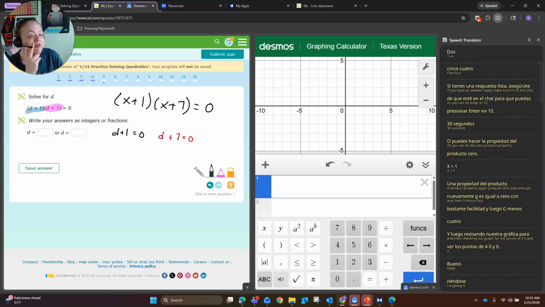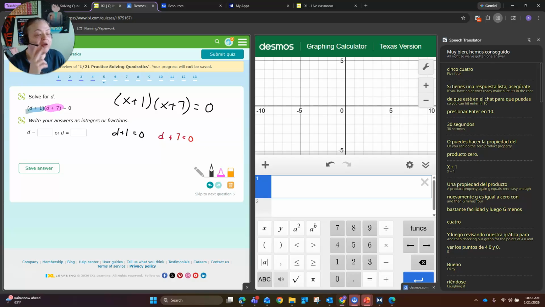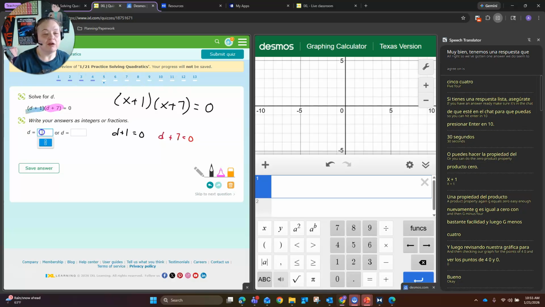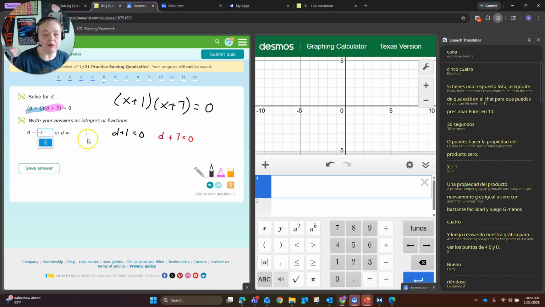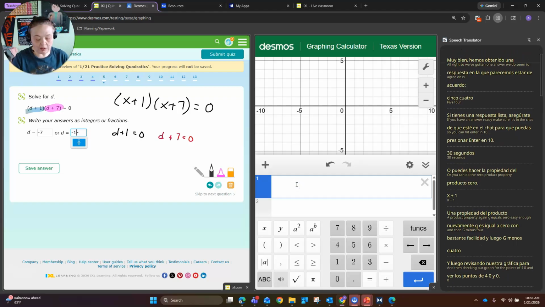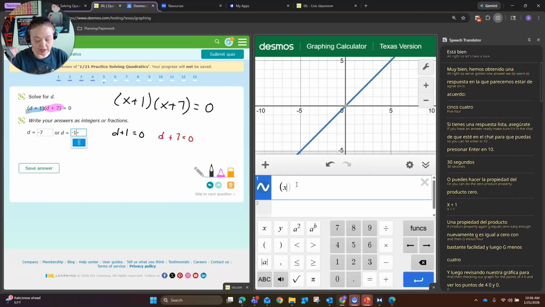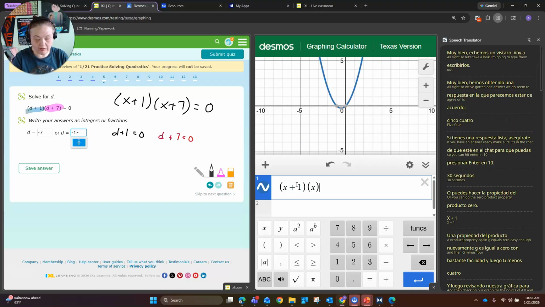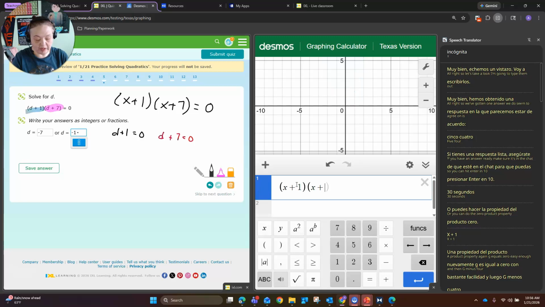All right, so one answer we do seem to agree on is -7, and we have -1. Let's take a look. I'm going to type them out, and we can do the factored form. X plus 1 times x plus 7.